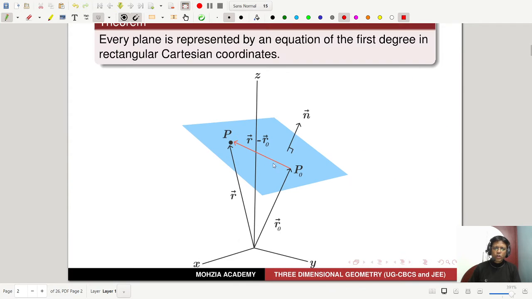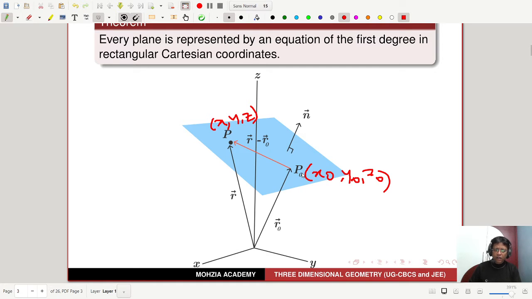Suppose the coordinate of P naught is x naught, y naught, z naught, and P is a variable point on the plane. Let me first talk about the Cartesian one; I will talk about the vector one also. So the coordinate of P is x, y, z.